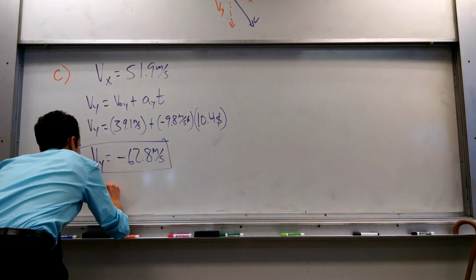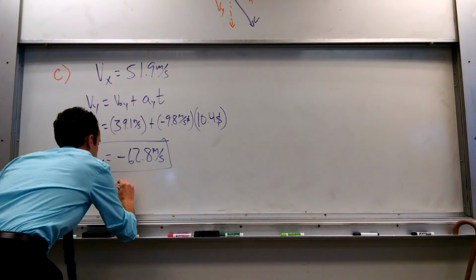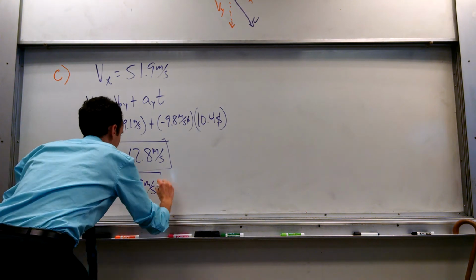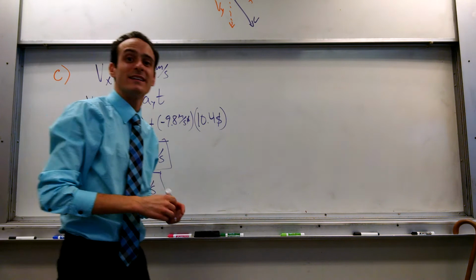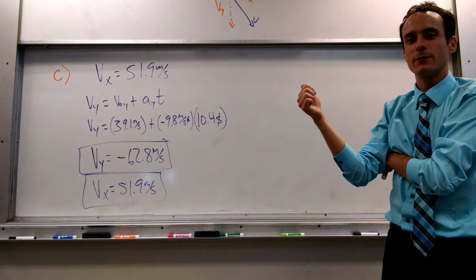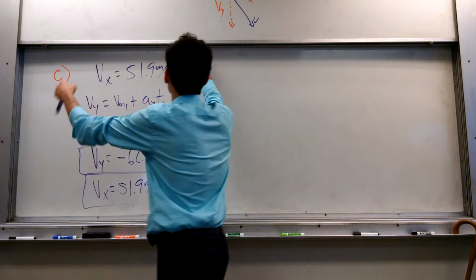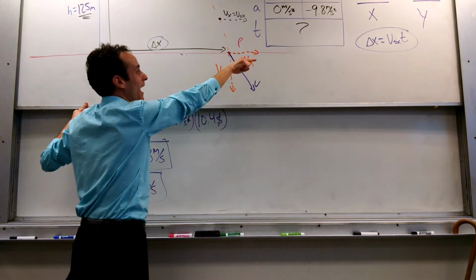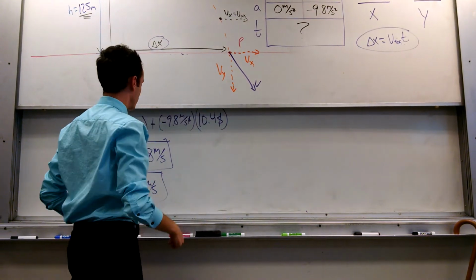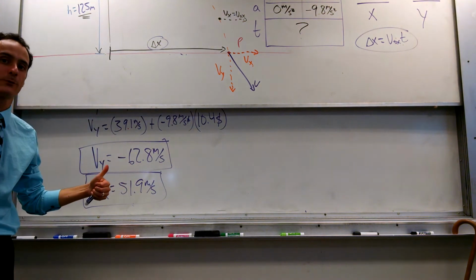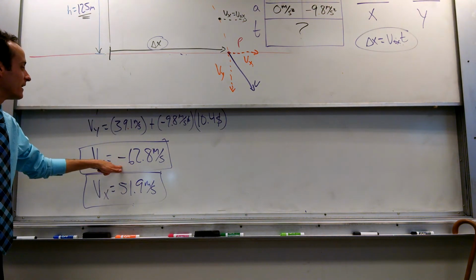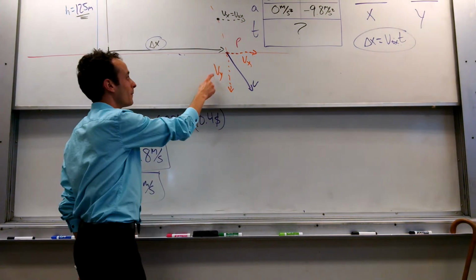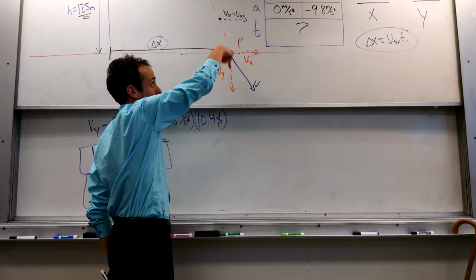My velocity along x was again 51.9 meters per second. Now, do these signs make sense to us? Does positive velocity along x make sense? If I look at my diagram here, this is going in the positive direction along x, so positive 51.9 meters per second, yes, that makes sense. Negative 62.8 meters per second, does that make sense? My velocity vector along y is pointing downward.